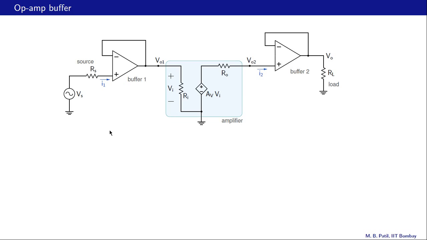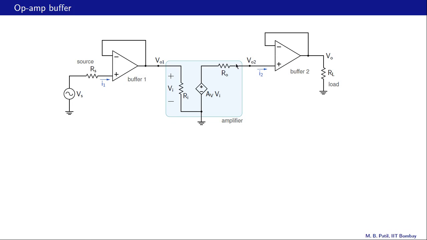And now let us see how we can use an op-amp buffer to achieve this target. This is how we can use an op-amp buffer, one on the source side and one on the load side, to obtain VO equal to AV times Vs and eliminate the loading effects on the load side as well as on the source side. So this part is our source as before.